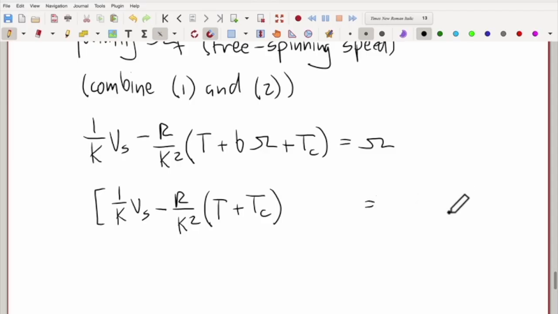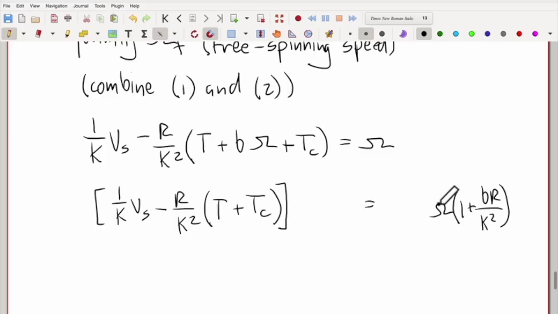I'm going to leave a little gap here. And omega times, I had the 1 over there from this already, but also now we have this Br over k squared plus, sorry, this is the plus, like that. Okay, and now this looks like that.